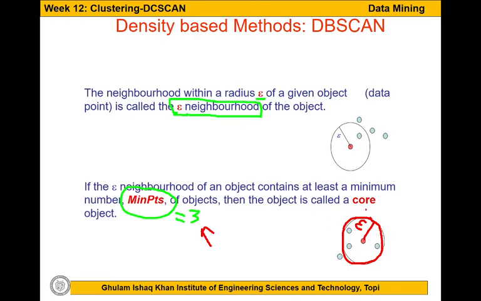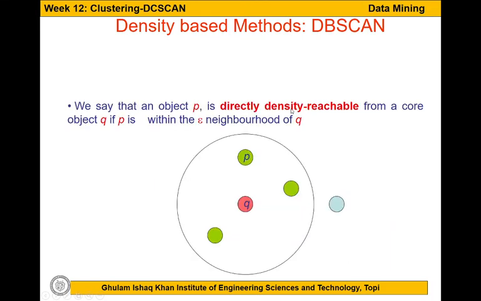So, this makes this red point a core object, right. Now, in this example, within the E neighborhood there is only one point which is less than the minimum points required. So, this particular point is not a core point, right. So, there are three concepts: E neighborhood, min points, and the core point, the core object, right.